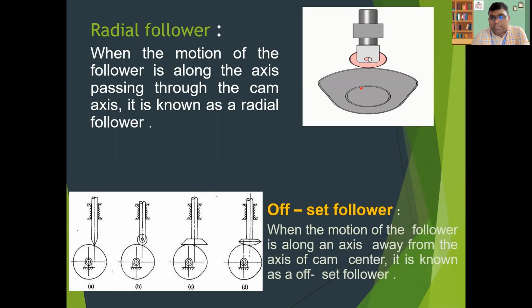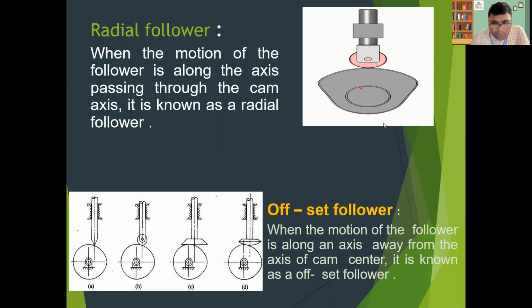You can see the axis of this follower is passing through this axis, which is the axis of the cam. This is called radial. So we can say it is a radial follower.